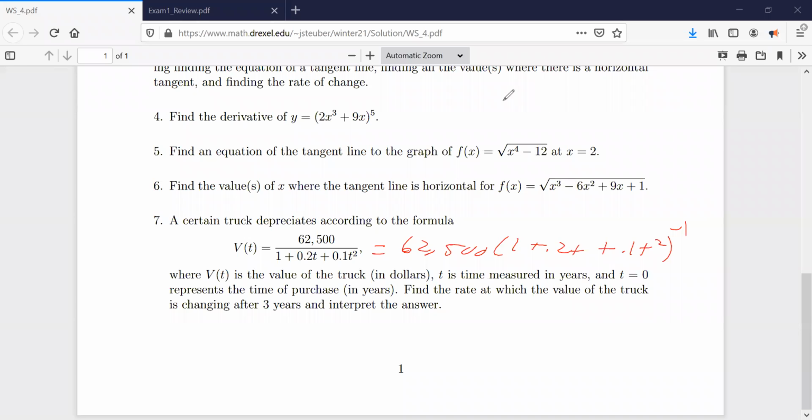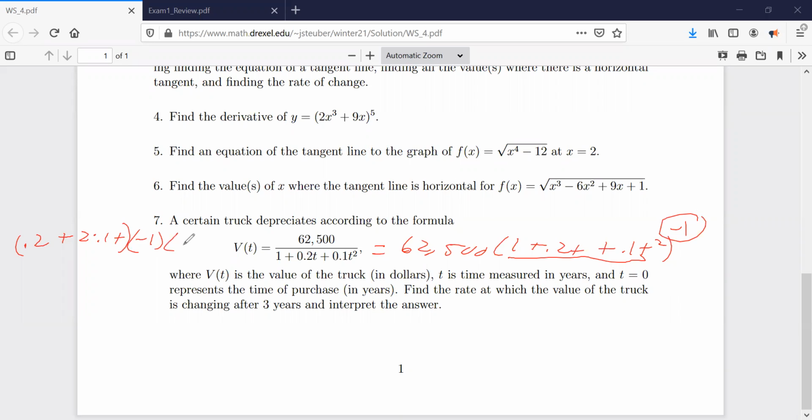I think a lot of people like to avoid the quotient rule just so you don't have to memorize it. So the derivative of the inside here is just going to be 0.2 plus 2 times 0.1t. And then the outside: this becomes times negative 1, and then it goes down by a power.